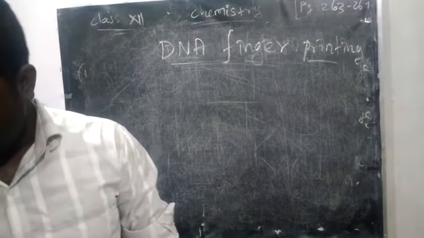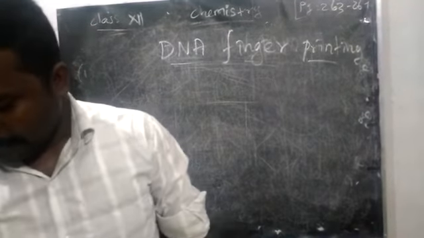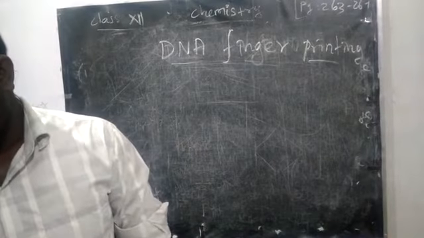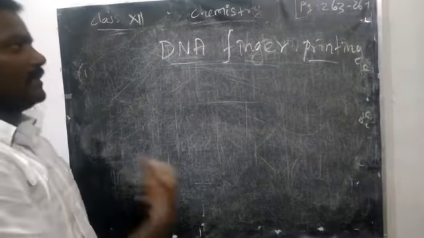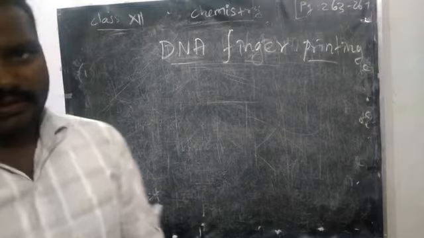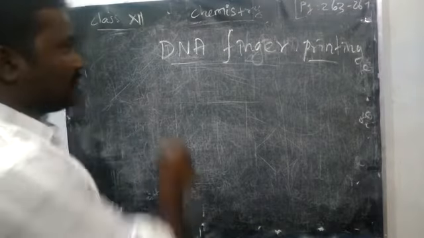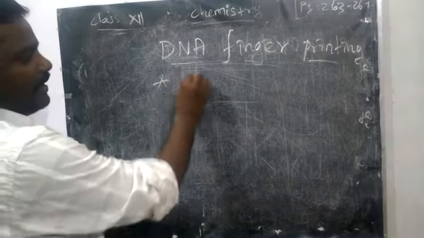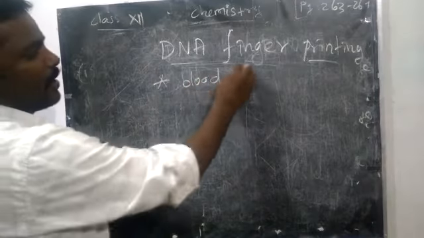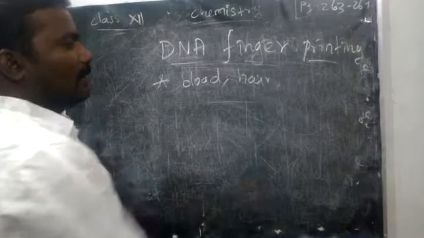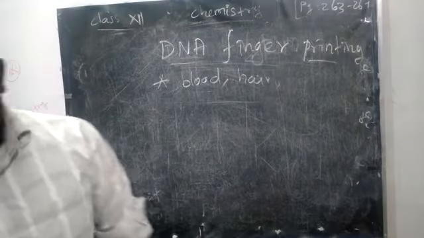See here what happens. Professor Alec Jeffreys brought this DNA fingerprinting method. It is a very useful method. What do you need for this? It may need blood samples or hair, or some other parts of the victim.